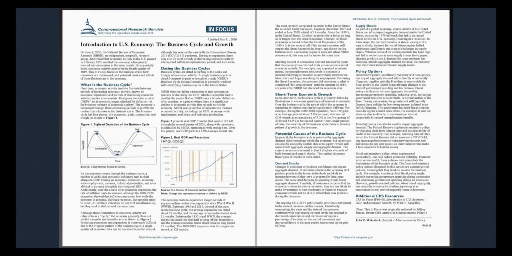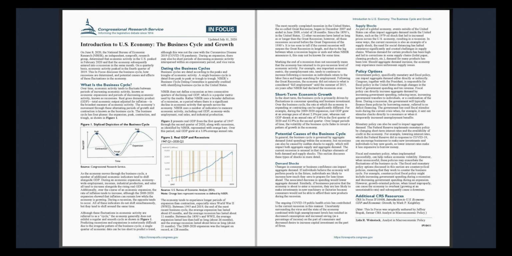During a recession, the government will typically finance these policies by borrowing money, referred to as deficit financing. The government has used fiscal stimulus tools during the current crisis when, for example, it sent out stimulus checks directly to consumers or when it temporarily increased unemployment benefits.